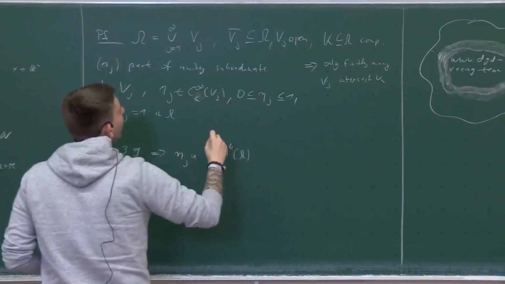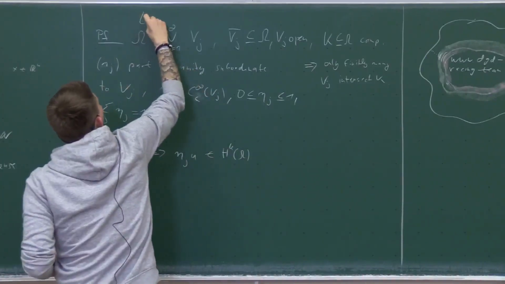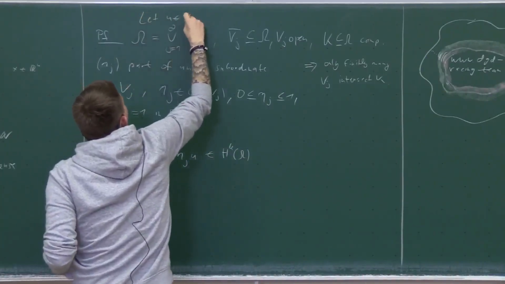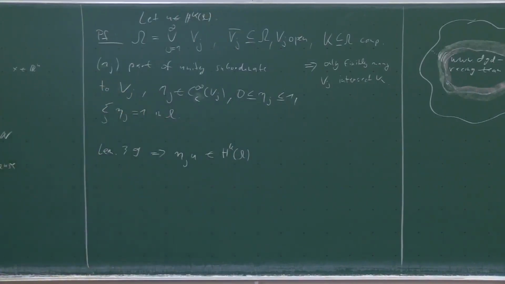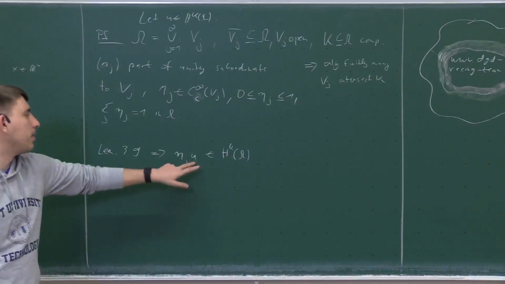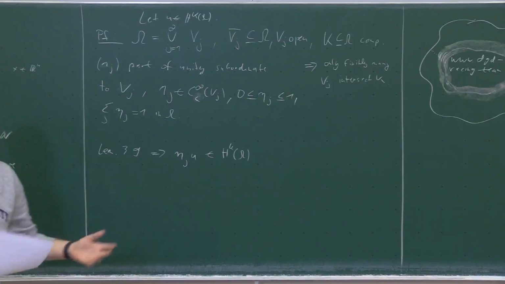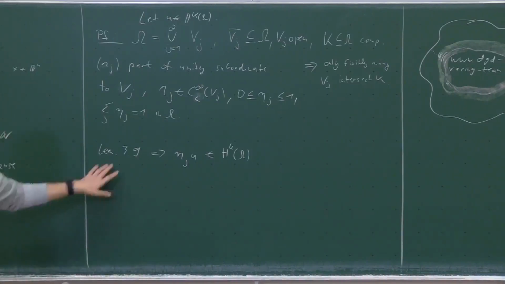I somehow forgot to write that we should take u from Hk(omega). So we want to show a density result. We take some arbitrary element and we want to approximate it in the Hk topology. Then by the product rule, u is Hk, eta j is smooth, and then we get it also for the product by this lemma 3.9.